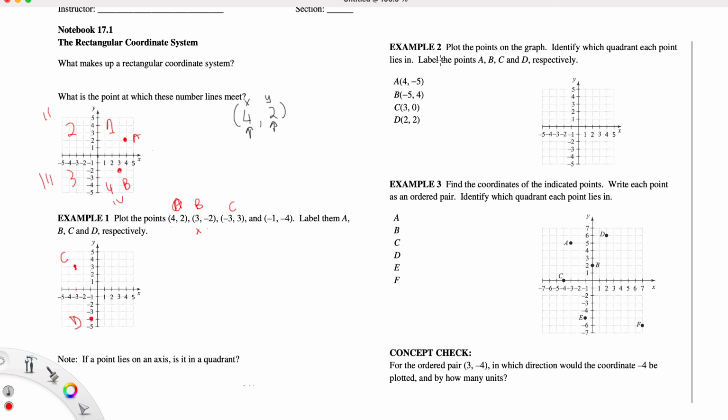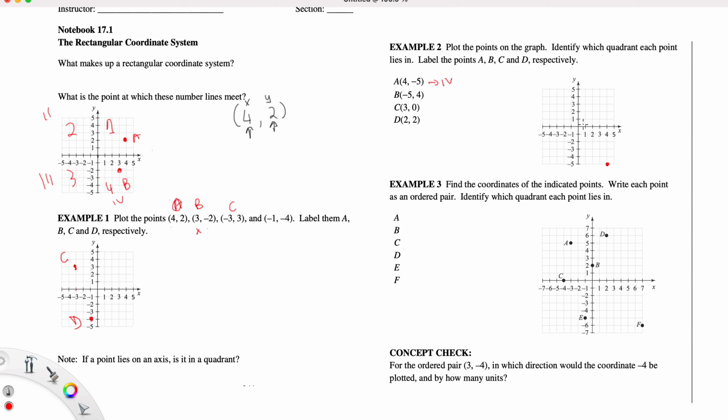All right, let's do example 2. Plot the points on the graph. Identify which quadrant, okay? All right, so A, 4 and negative 5, you're going to go 4 for x and down to negative 5 for y. This one is right here, which would be in quadrant 4. All right, B, negative 5 and 4. Feel free to pause the video if you feel like it's too fast.